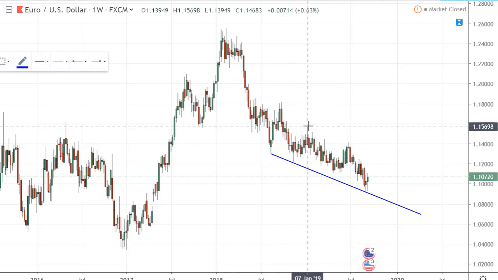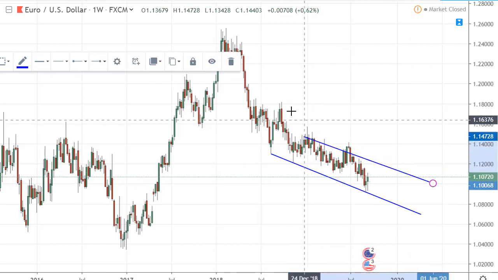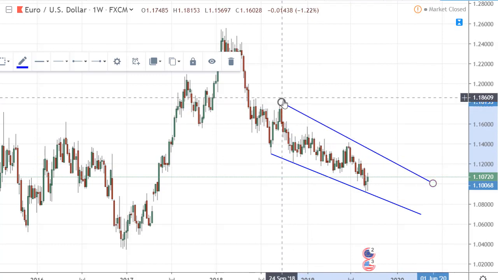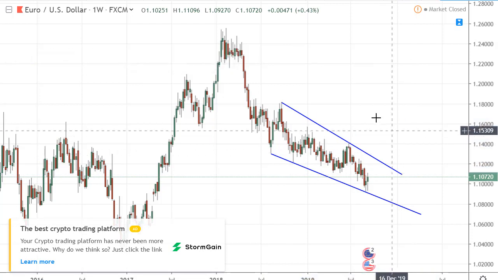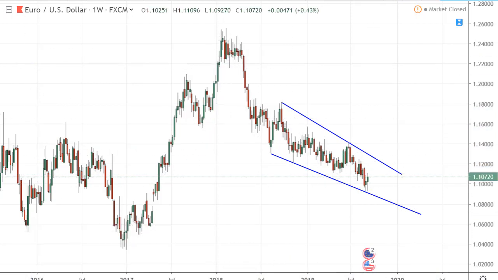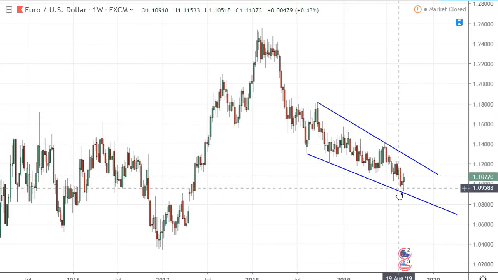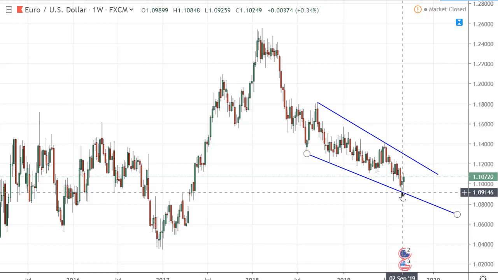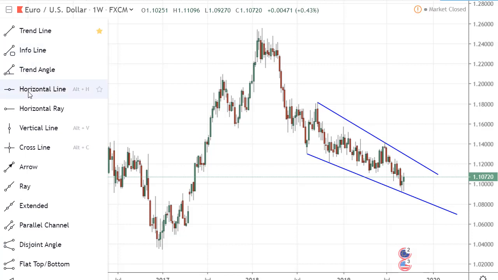Let's say that this is the channel for now. Doesn't matter, we'll see later on how the channel will be formed. Another thing that is important is not just that we are in this channel and once again at the lower side of this channel, so potential correction or sideways movement is very likely from here on out.